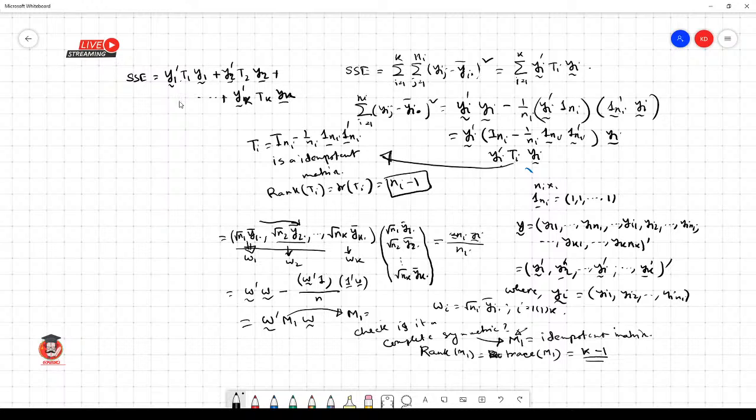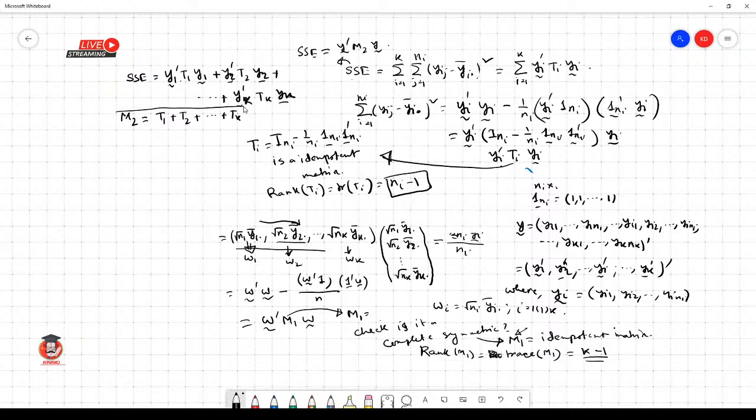So using Cochran's theorem, this SSE, if you write SSE equal to y tilde prime M2 y tilde, then M2 equals T1 plus T2 plus Tk.